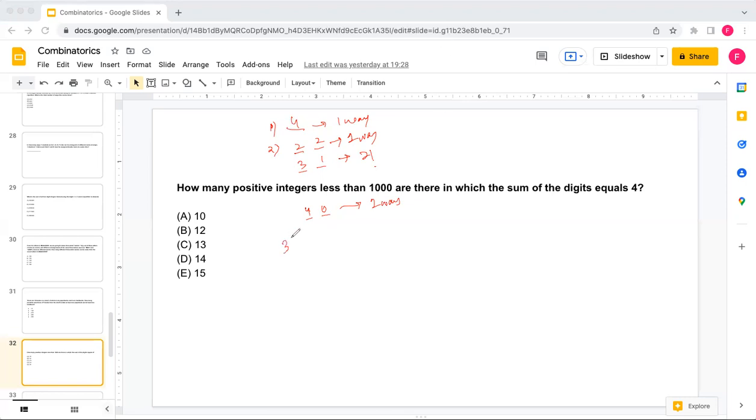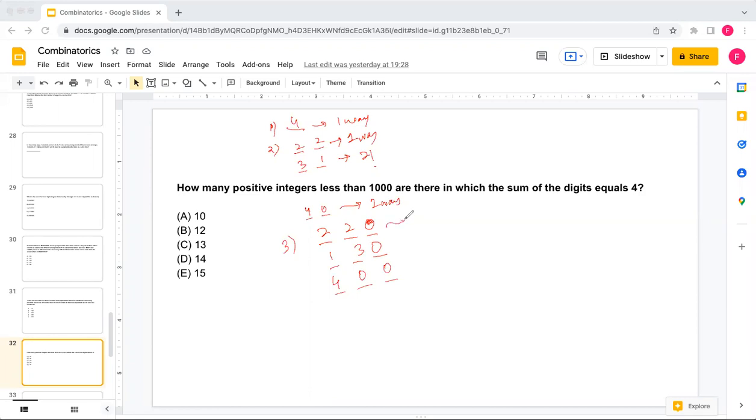And okay, let's see 3-digit integers. When we have 2 2 0, when we have 1 3 0, when we have 4 0 0. Any other option?